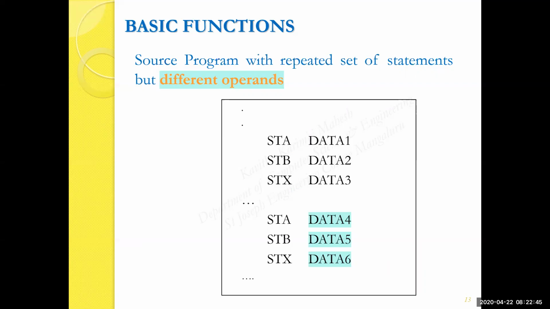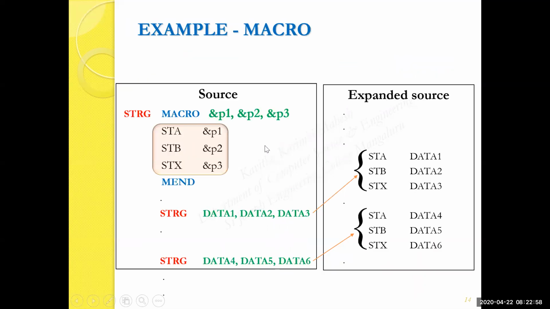So I could define a macro wherein the body of the macro includes instructions STA, STB, STX, but the operands are indicated by variables, what are known as macro parameters, as shown here. This slide shows the definition of a macro, namely store registers, indicated with STRG.